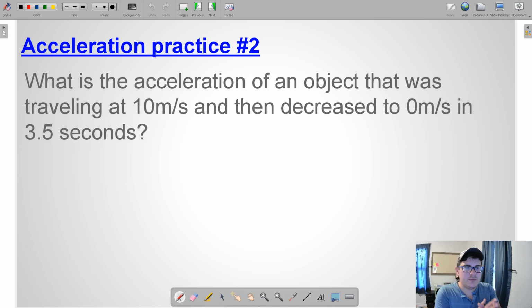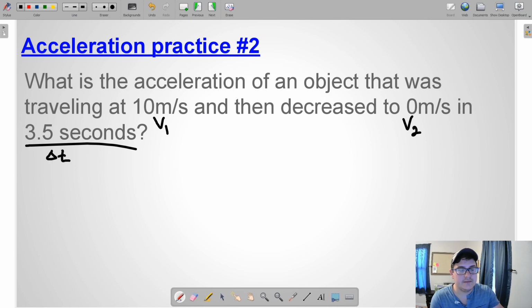Okay, let's do practice number 2. What is the acceleration of an object that is traveling at 10 meters per second? So this is my initial velocity, and then it decreases to 0 meters per second. That's my second velocity, in 3.5 seconds. So this is my change in time. I'm going to use just one formula here: change in velocity over change in time.